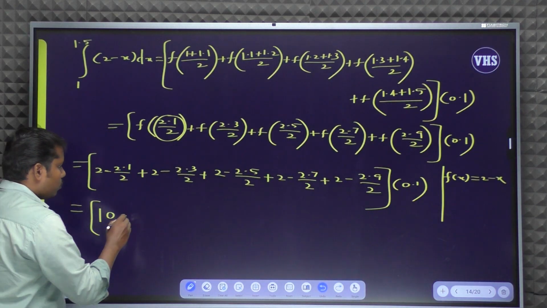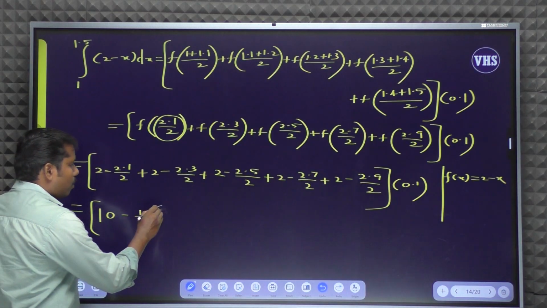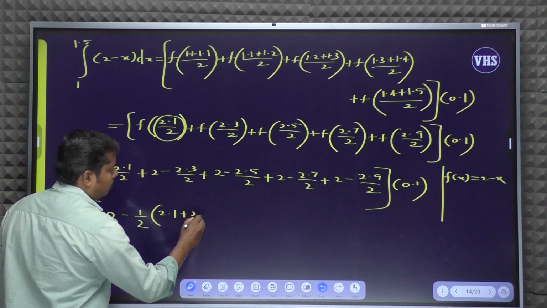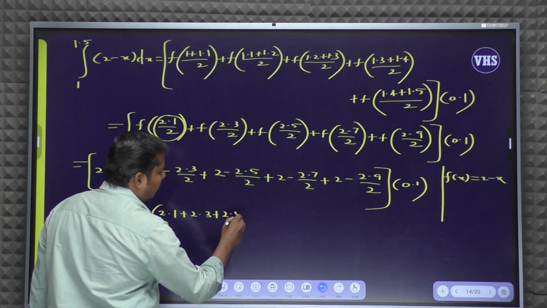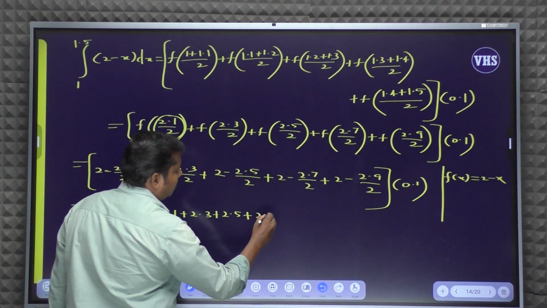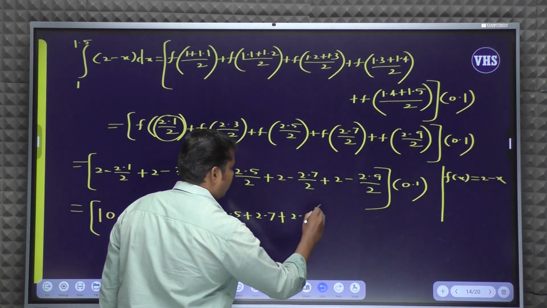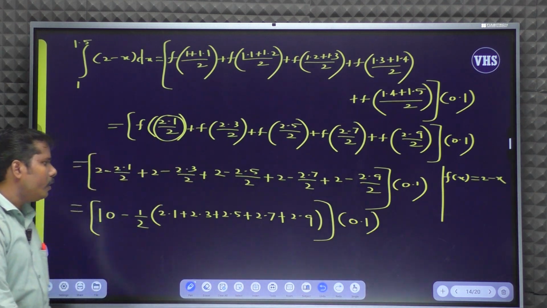Take minus 1 by 2 outside. Add all the decimals. What are you getting there? 2.1 plus 2.3 plus 2.5 plus 2.7 plus 2.9. Close the entire bracket. 0.1.